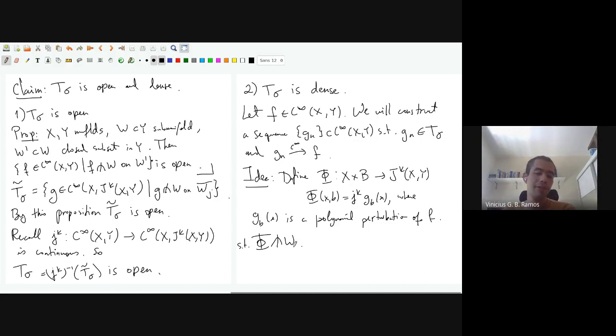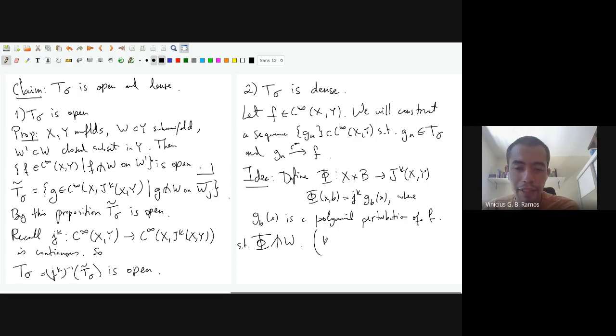In particular, it's transverse to W. It's actually going to be quite strong. We can build a capital Phi which is a local diffeomorphism around any point that's on the preimage of W sigma bar. So in particular, it'll be transverse to this.